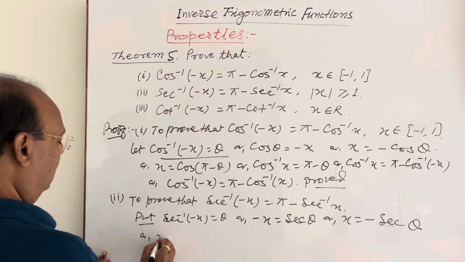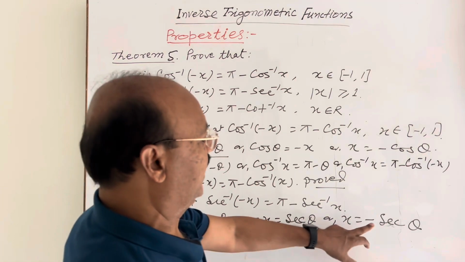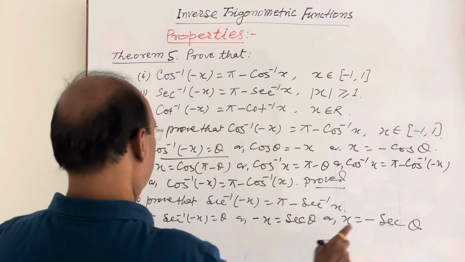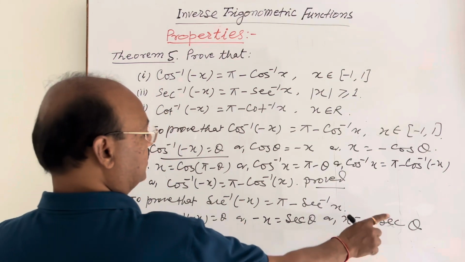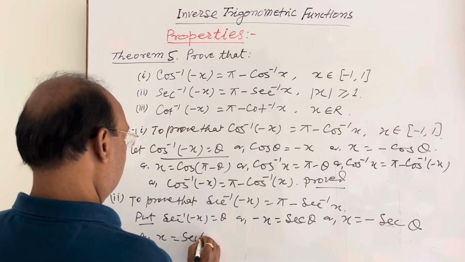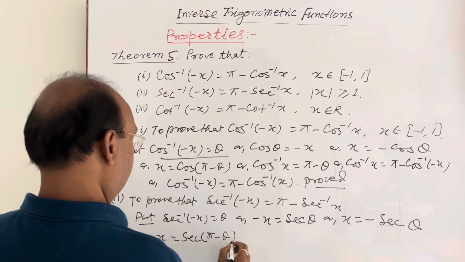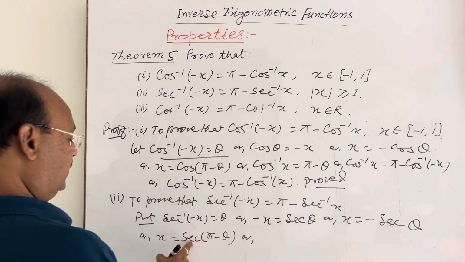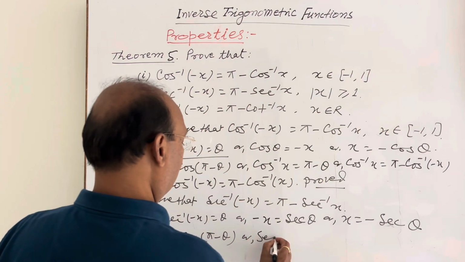Sec is an even function, so we can write minus sec theta is equal to sec of pi minus theta, or x is sec of pi minus theta, so sec inverse x is equal to pi minus theta.